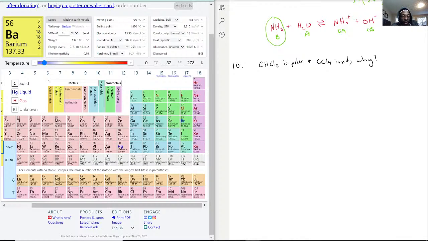So carbon is on the 14th column, or exactly if we drew it out using our electron configuration, just to be able to practice that, you will see why it has 4 valence electrons. So we have, starting with helium for the shorthand, 2s2, 2p2. That is how this has 4 valence electrons.